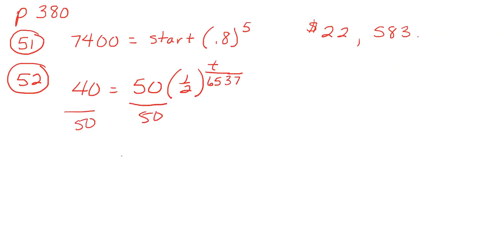And then after you do that, I'm just calling this 0.8, then you can take the natural log of both sides and pull the exponent out in front. Actually, you wouldn't have to do natural log.